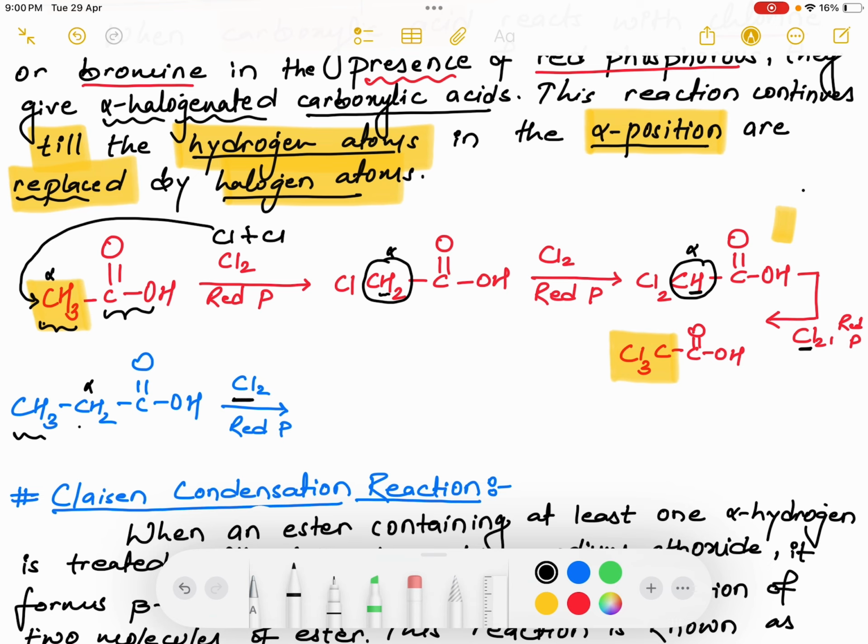Now the chlorine will come and attack this position. Chlorine will replace this hydrogen in the alpha carbon. So what product will I get over here? The product obtained will be CH3, CH, with a Cl group, next you will have C double bond O, OH.